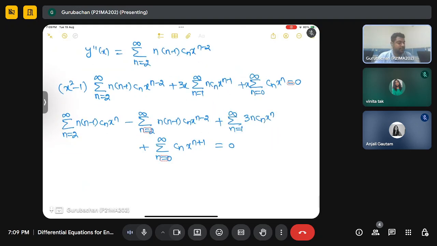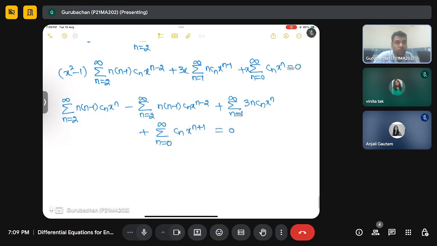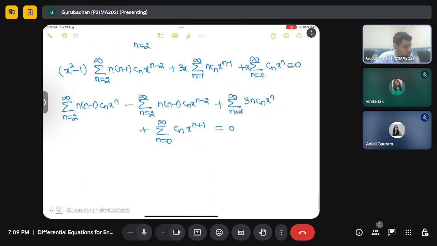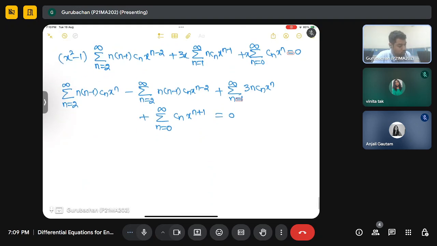Now you can clearly see that there are different powers of x, that is n minus 2, n plus 1. So first of all, we will make all the powers the same, that is n. For that, we will do some replacement. For n minus 2, we will put n plus 2 in the place of n. In the expression of n plus 1, we will put n minus 1 in the place of n.